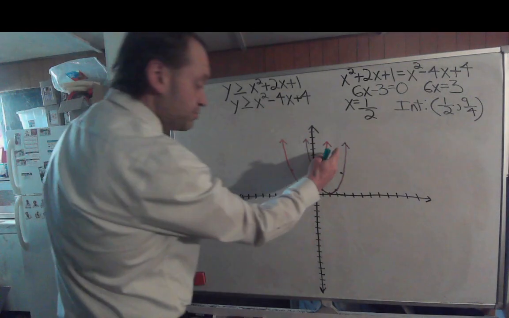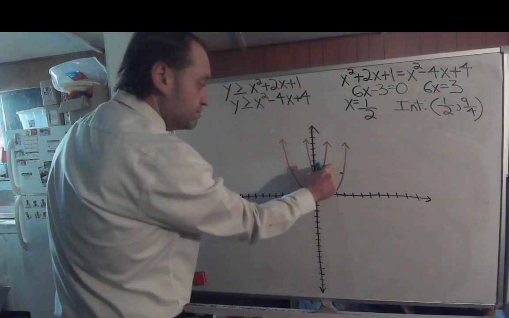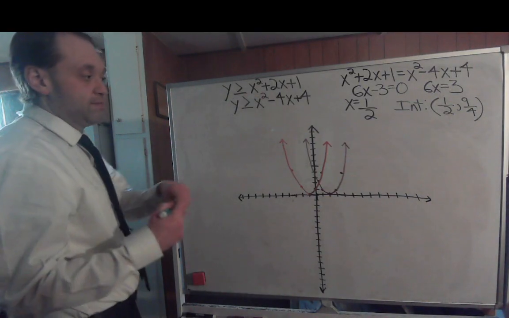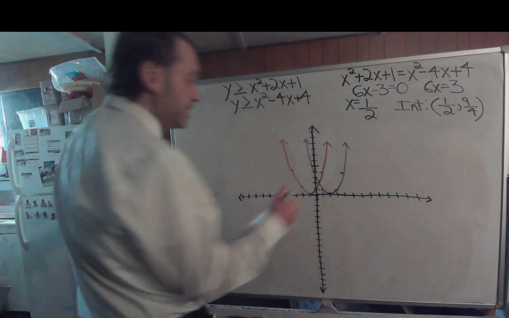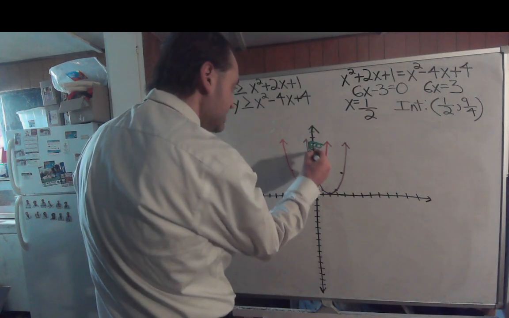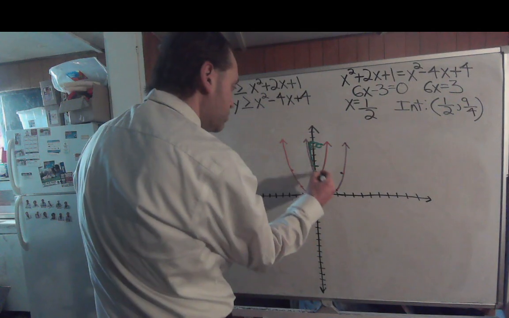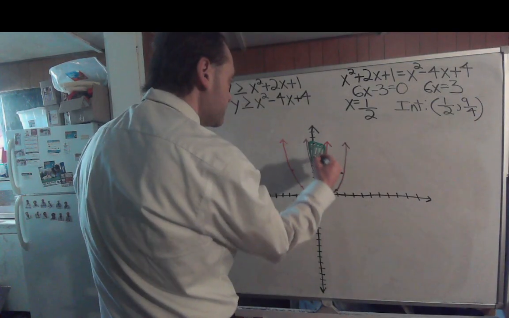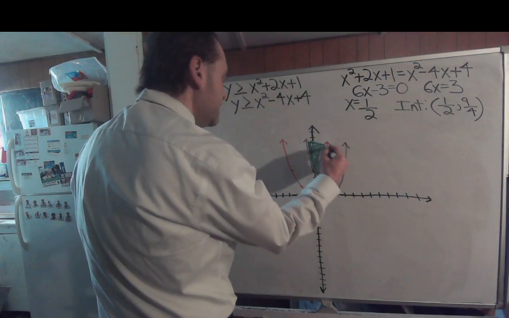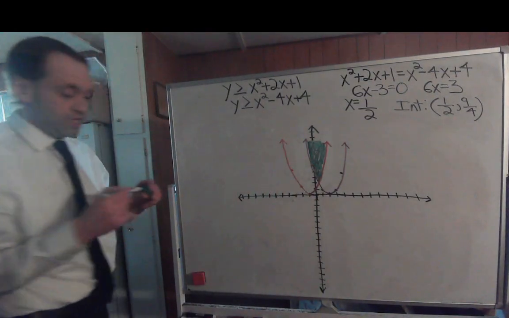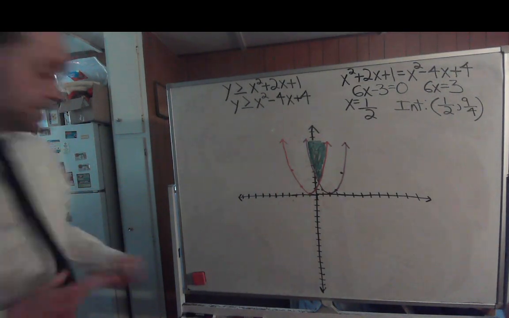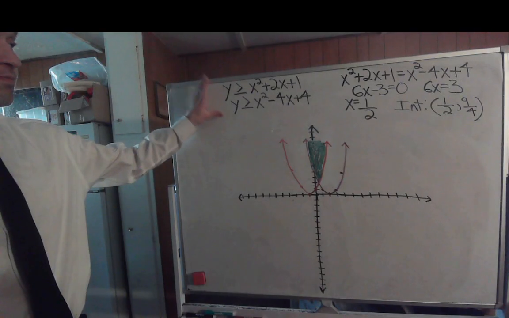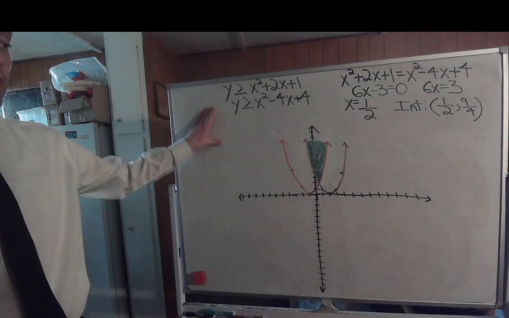However, you can't consider the portion to the right of the red line, to the right of the first parabola, because that would make it y less than that first equation. So the region that meets both qualifications is this area in between the two parabolas after they intersect. This region right here would meet both qualifications. Literally, if you just shade that region, that is the region that meets both qualifications for this system of quadratic inequalities.